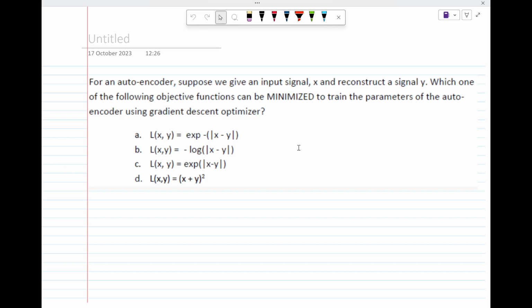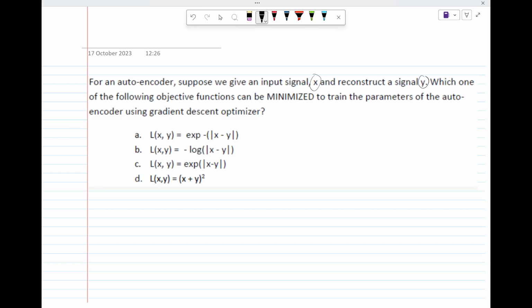So we have a bunch of candidate loss functions, and we are asked which can be used to train the autoencoder such that we are able to reconstruct back the input signal x. y is the output of the model.